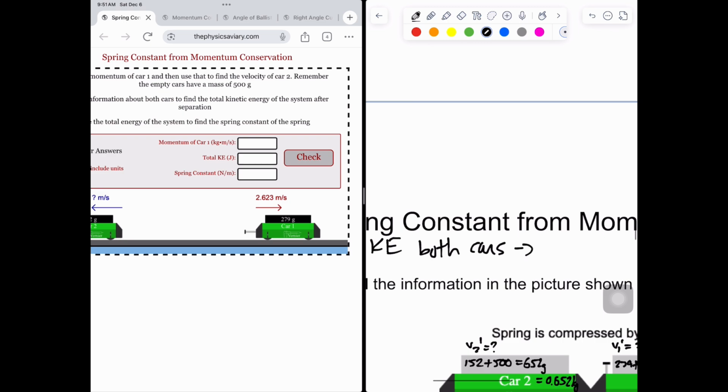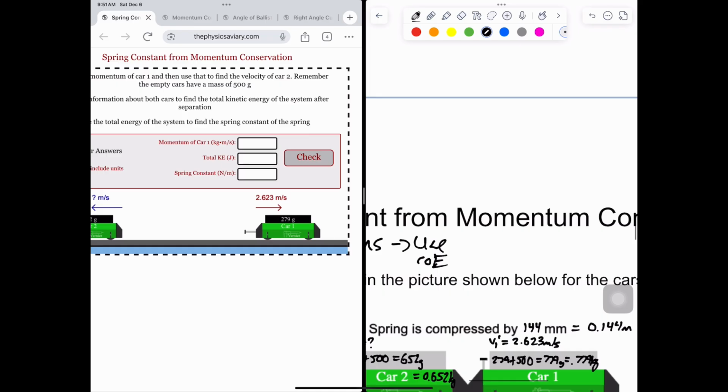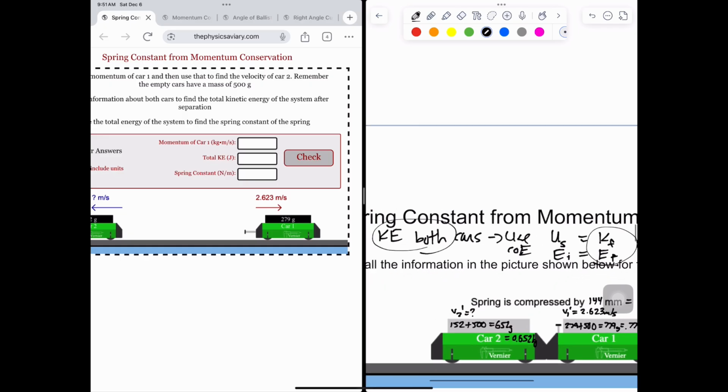Then we're going to use conservation of energy to suggest that the elastic potential energy, the spring potential energy that you start with, that's the initial energy, equals the final kinetic energy as they fly apart. Well, you're going to know this because that's your total kinetic energy.